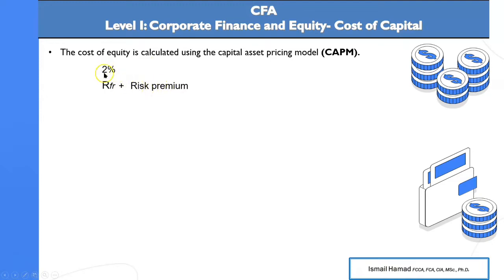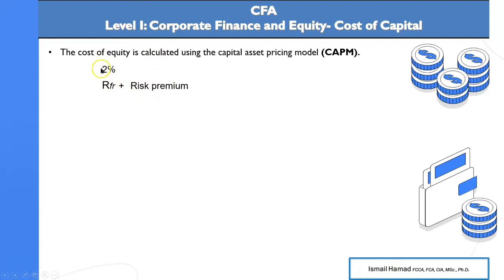So you pay him 2% risk-free rate of return plus 8% risk premium. The total will be 10%, which is the market return. Please concentrate on this. The 10% is the whole market return, of which 8% is the risk premium and 2% is the risk-free rate of return.